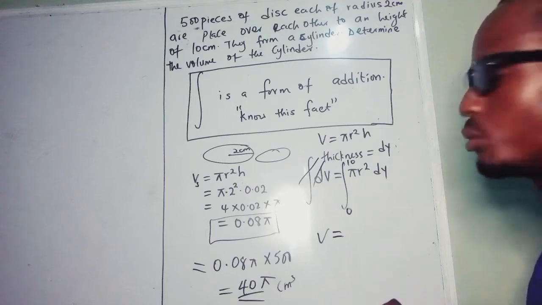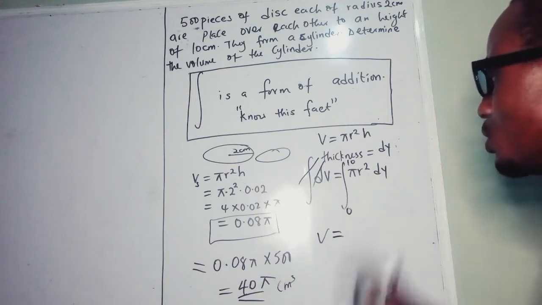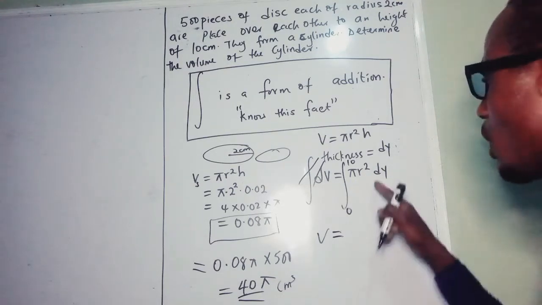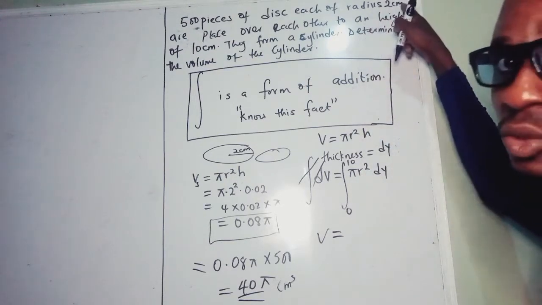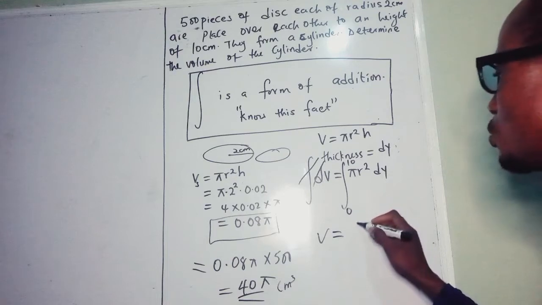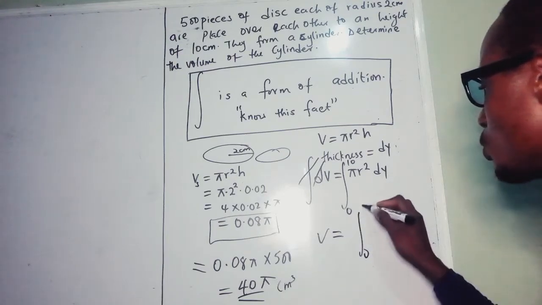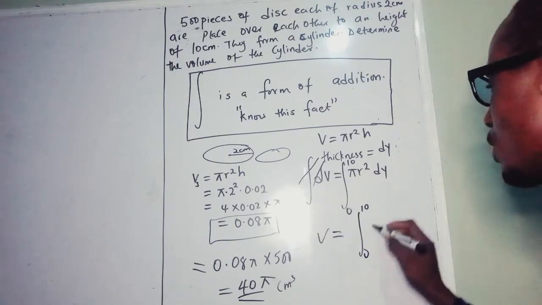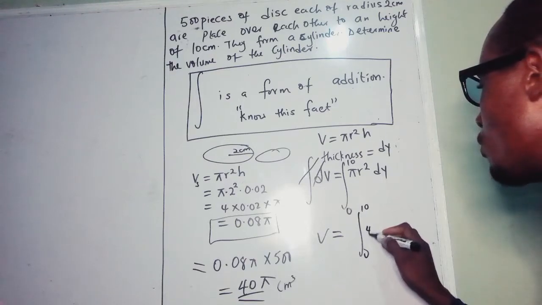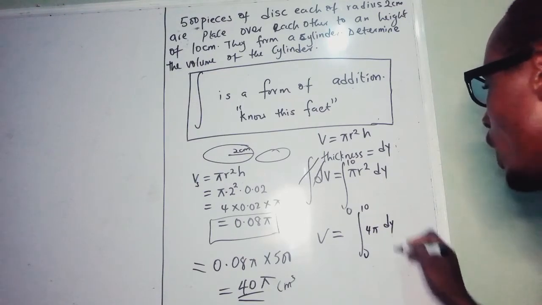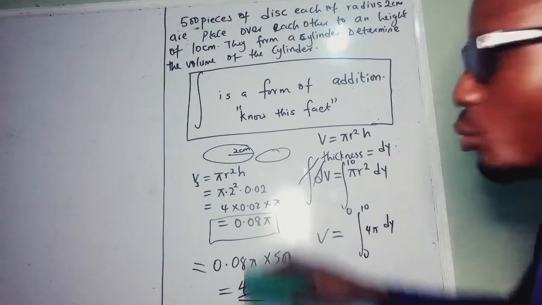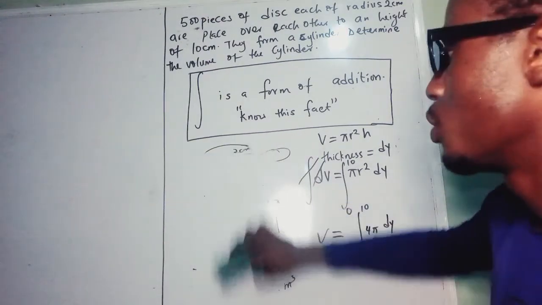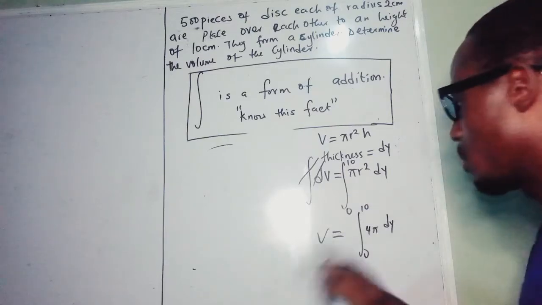If I want to integrate this, pi is constant, and r is 2 as given in the question. So the integral from 0 to 10 of 4 pi dy. Don't forget, 4 pi is also a constant, so we can take 4 pi out of the integral.